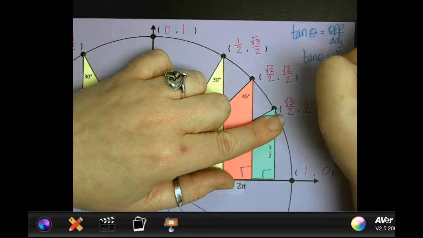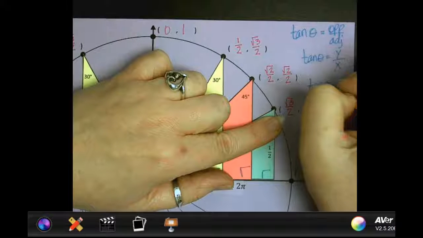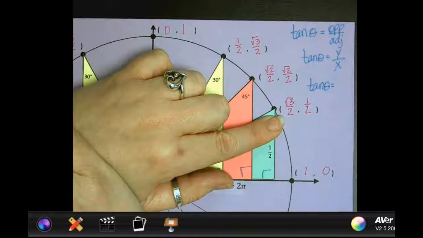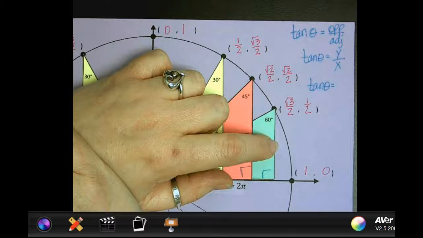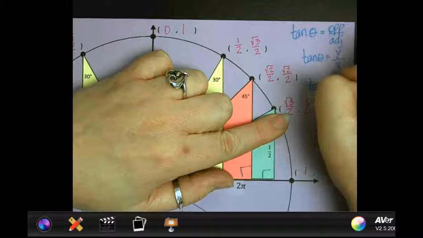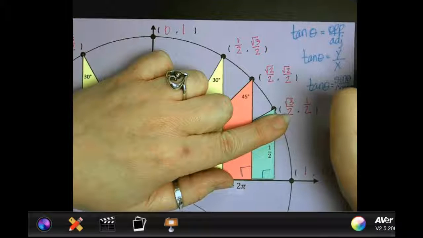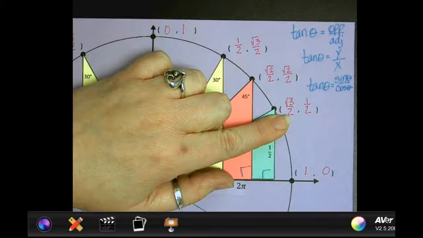X. Which also means that tangent theta, so what did we say y was? Yes, it's opposite, but what else is it? Sine. So this is also sine theta over what? Cosine theta. So tangent of theta is sine theta over cosine theta.